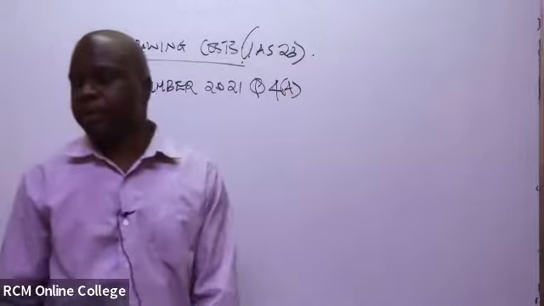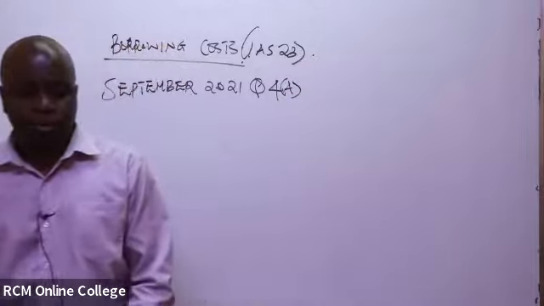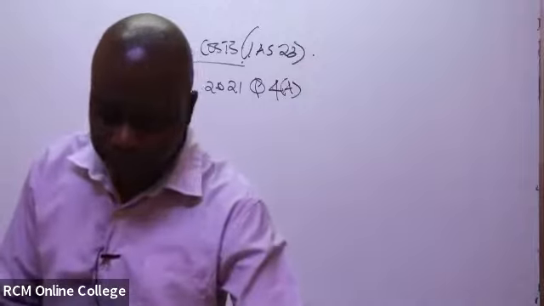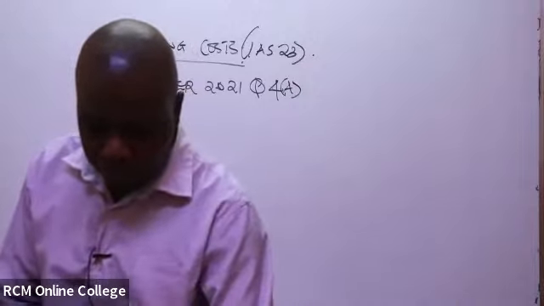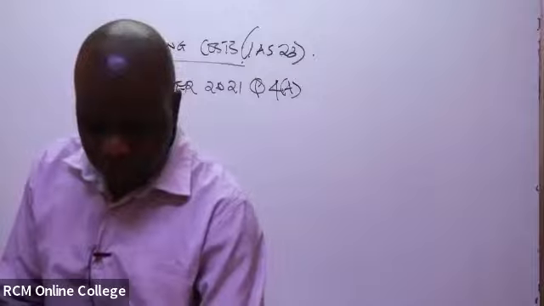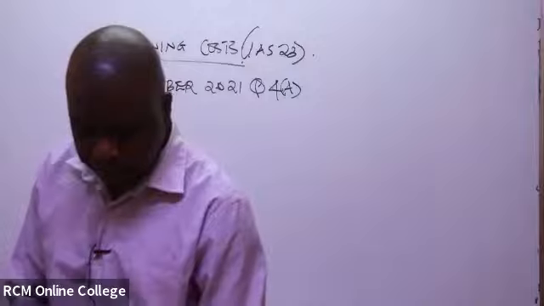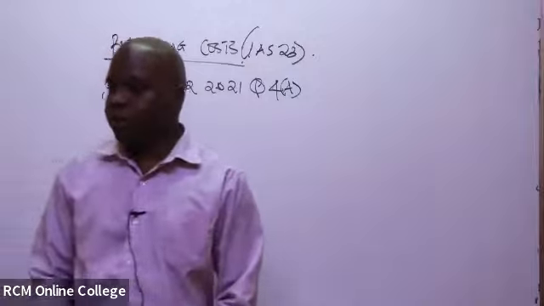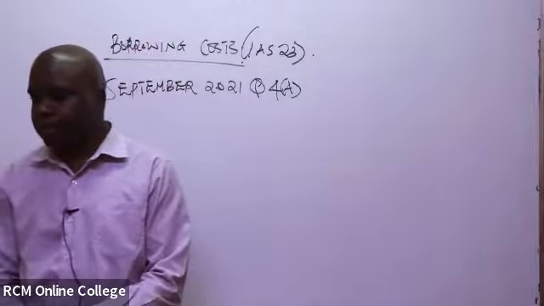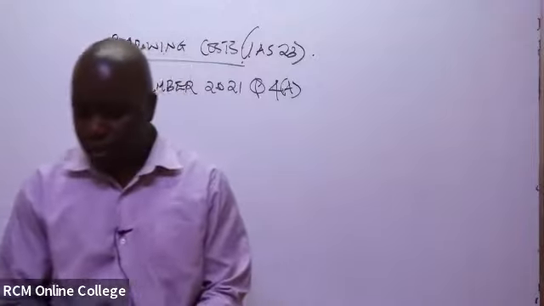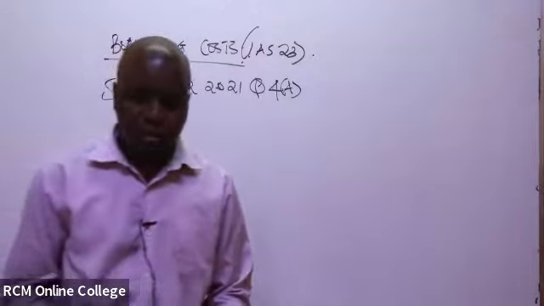I've sent the past paper in the group. I want you people to confirm whether you've been able to access the past paper so that we can move together. You just say yes in the chat so that I know, so that we start looking at the question.